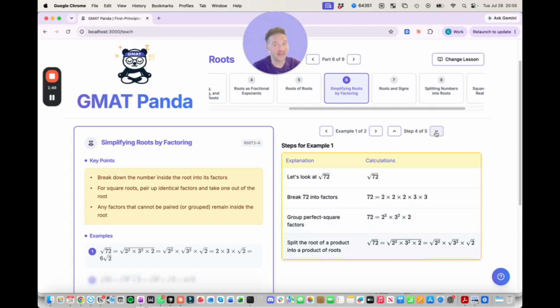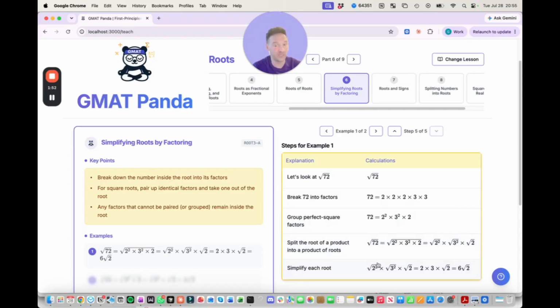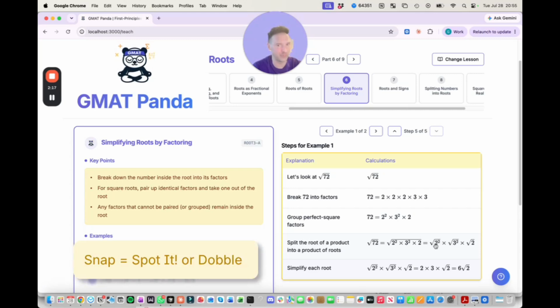And quite a few of those are going to simplify, because square root of 2 squared becomes just 2. Square root of 3 squared becomes just 3. So that's why we pair these factors up, because when there's a pair, we can get rid of them, as in we can move them outside of the root and put them in front. Okay, so it's a little bit like in Snap when you're looking for 2 pairs, if you're familiar with the game.